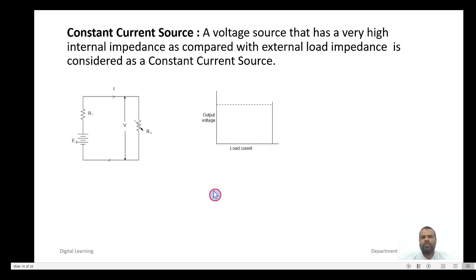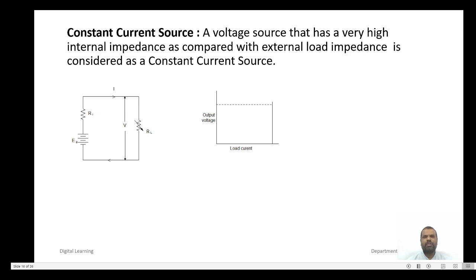Constant current source. A voltage source that has a very high internal impedance compared with external load impedance is considered a constant current source. It means that the internal resistance of the source is very high compared with the external load resistance.